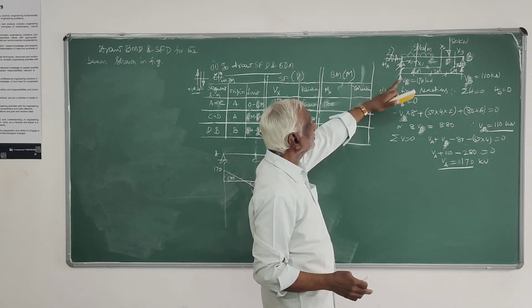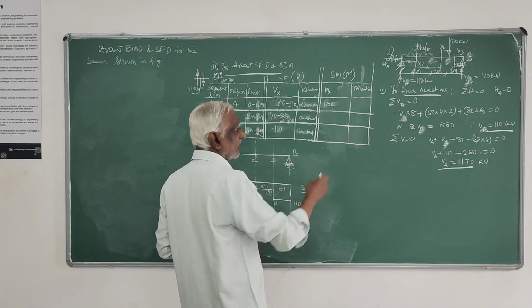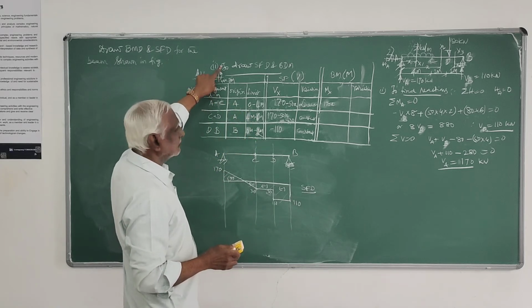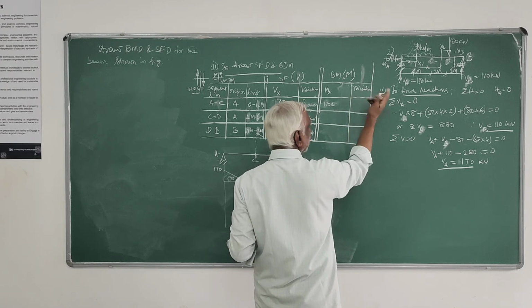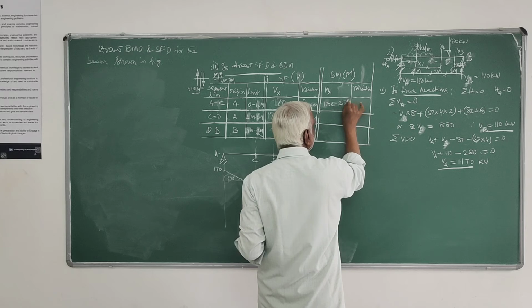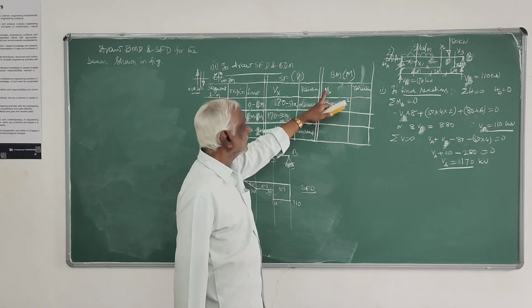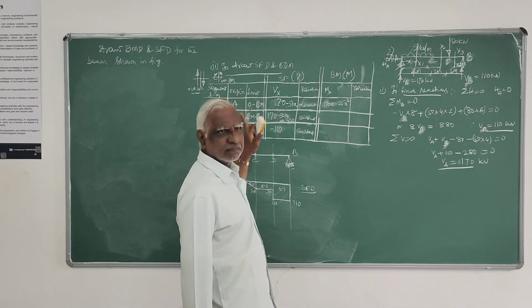So the moment is 50x into x by 2, that is 50x square by 2, which is anti-clockwise. Anti-clockwise means negative, so it is minus 25x square. So the equation for bending moment in this segment AC is 170x minus 25x square.